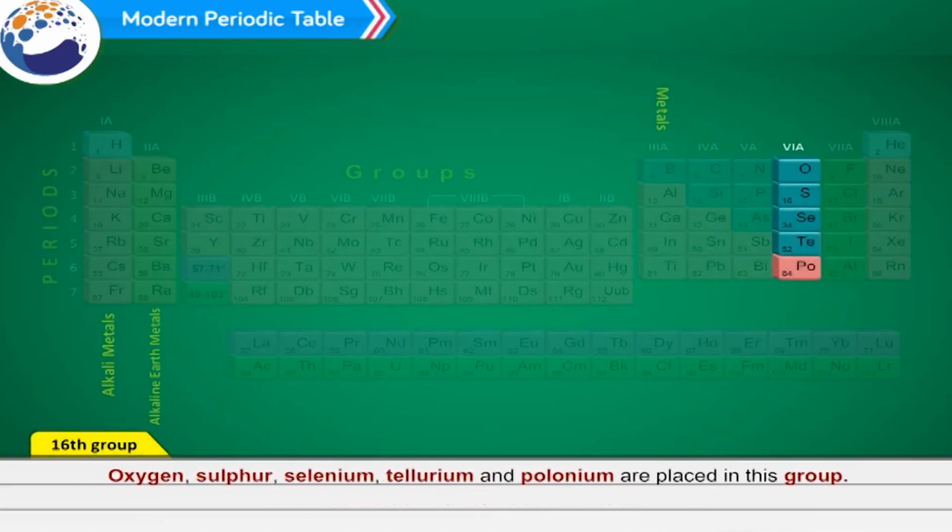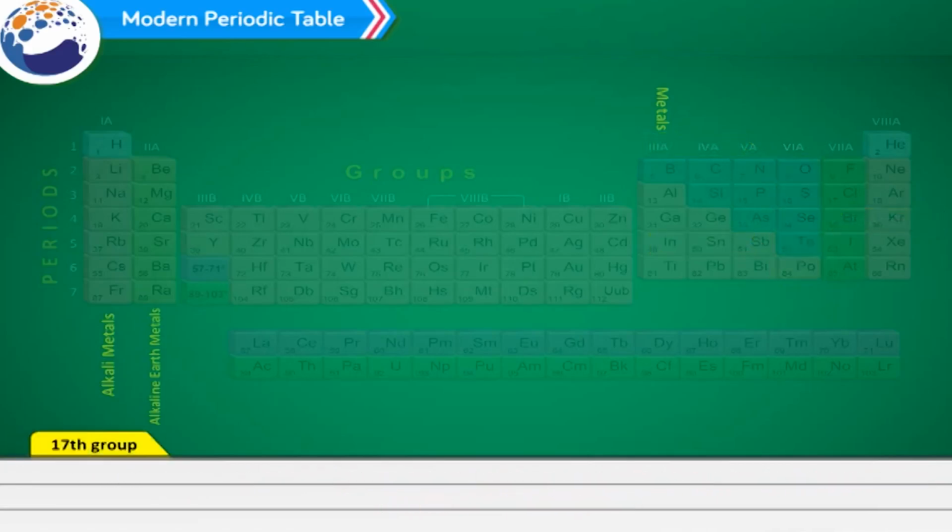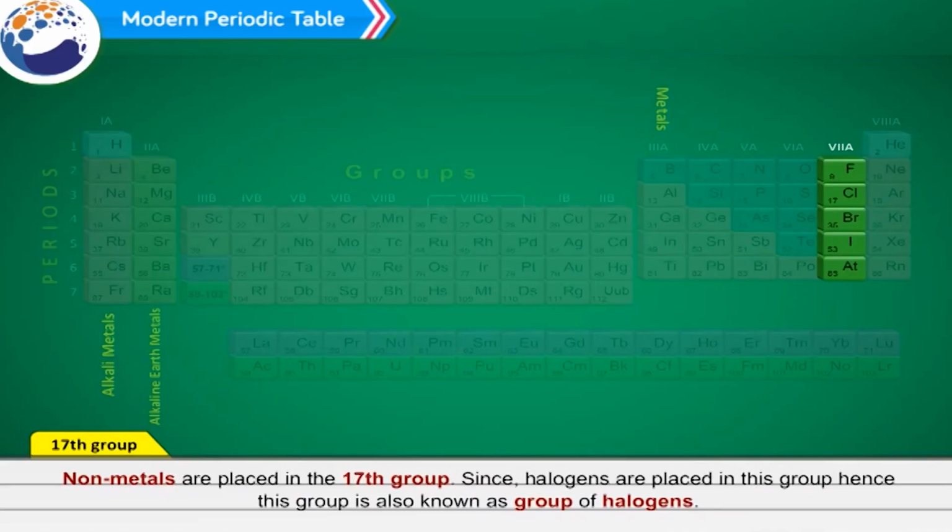16th group. Oxygen, sulfur, selenium, tellurium and polonium are placed in this group, among which oxygen, sulfur and selenium are nonmetals. Tellurium is a metalloid and polonium is a metal. 17th group.